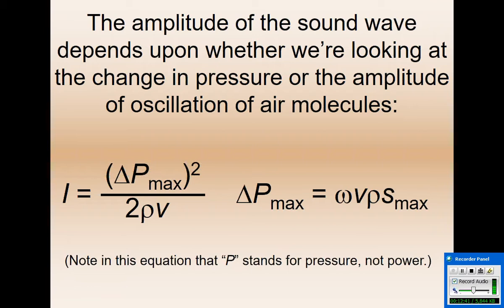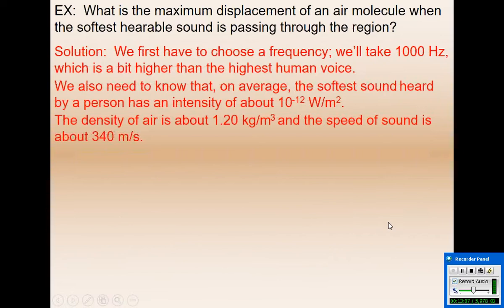So, 2 equations here that apply to sound: one that shows the relationship between the maximum deviation in pressure and the maximum oscillations back and forth of the air molecules, and one that shows the relationship between the intensity and the maximum deviation. So these apply to sound alone. Let's do an example.